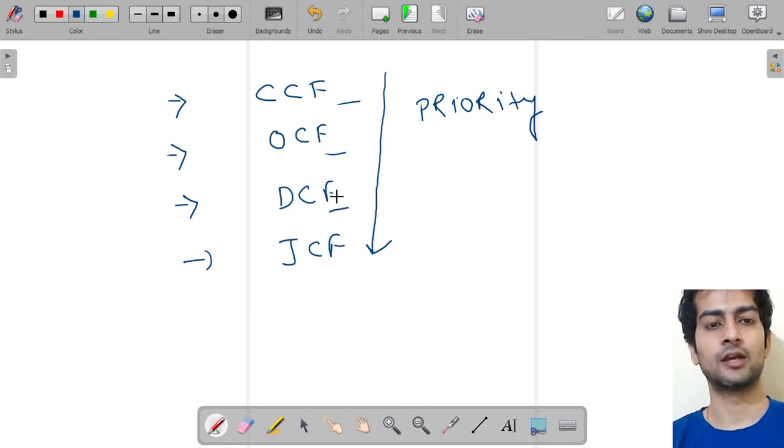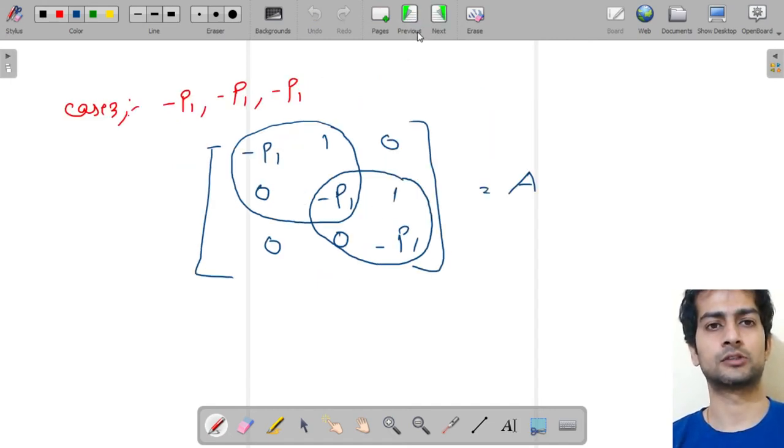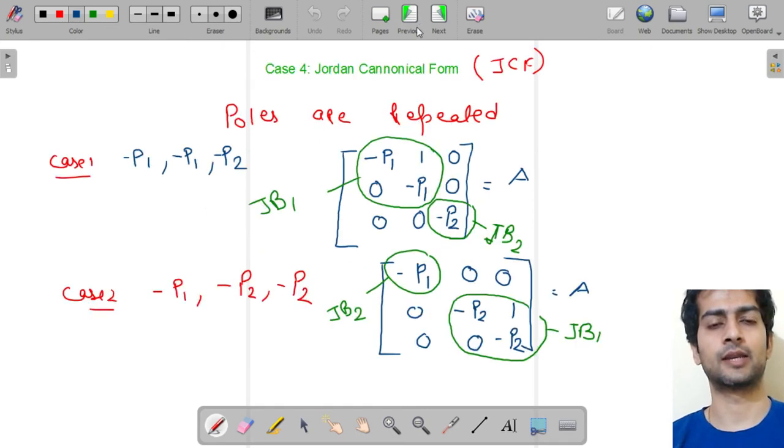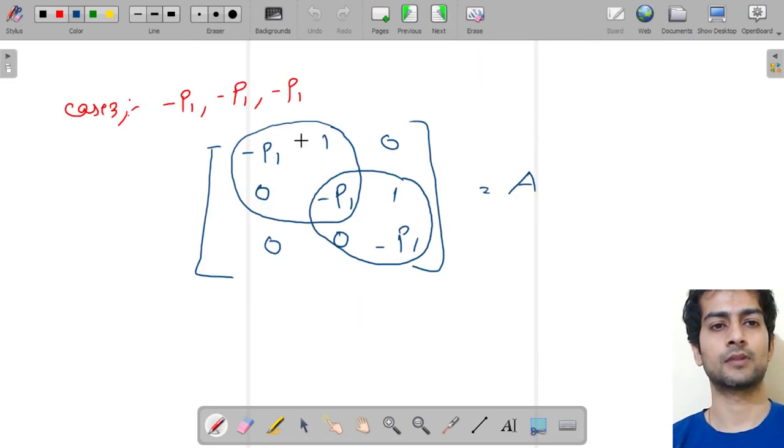How can you tell? Only the diagonal elements are non-zero, the rest of the elements are 0. If yes, okay. If not, then you will come to JCF. JCF is basically the last option. So by the time you reach here you will get the answer, and if not, you are certainly going to get it here. But still, the form of JCF is this: poles 1 0, 1 0, 1 0.